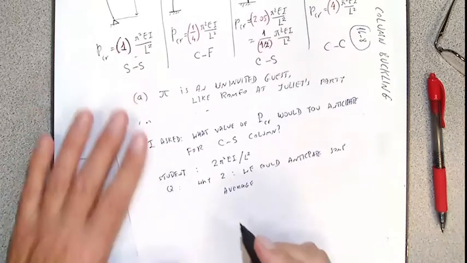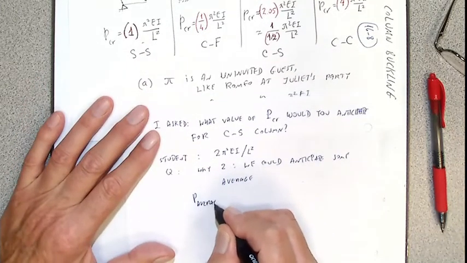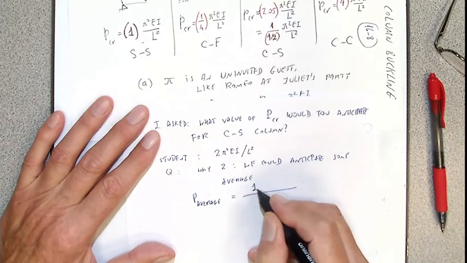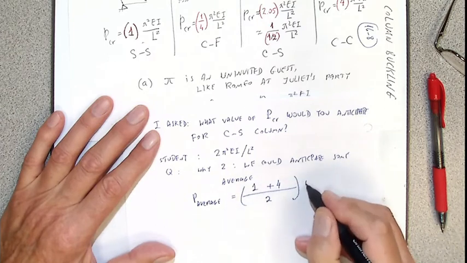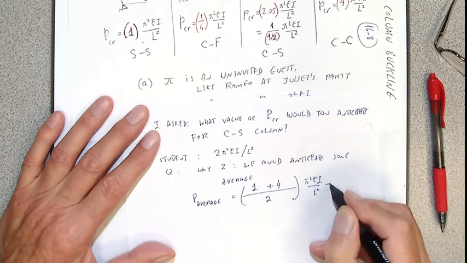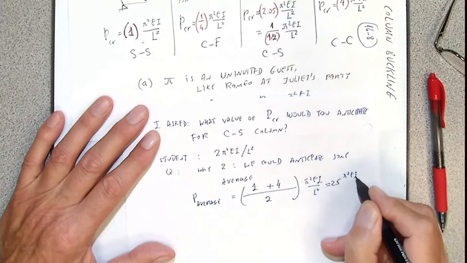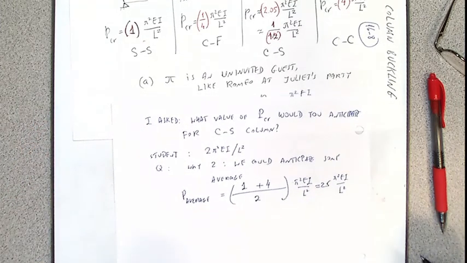So one could anticipate P average will be 1 plus 4 divided by 2 pi square EI over L square, which is 2.5 pi square EI over L square. So which shows that such an anticipation would be wrong.